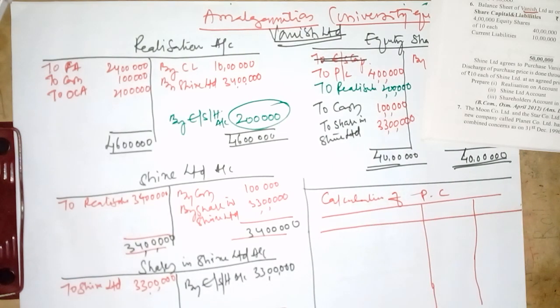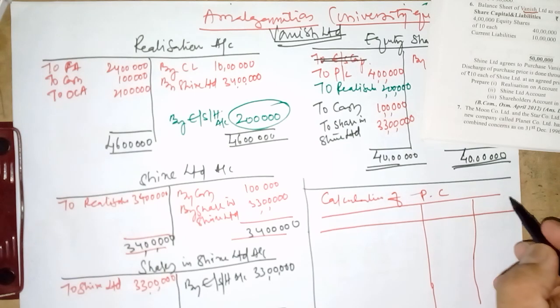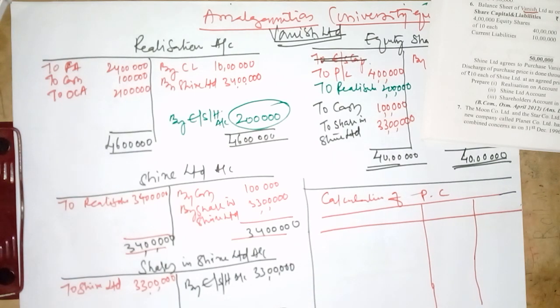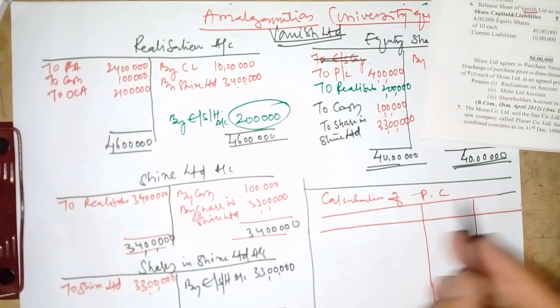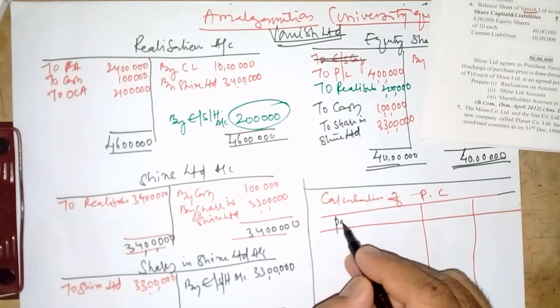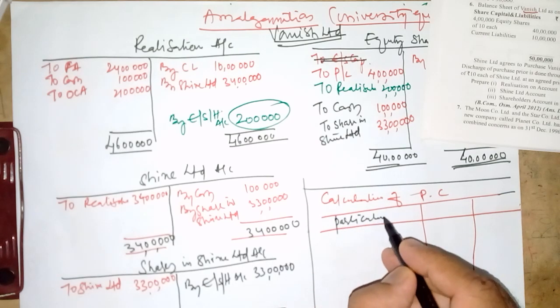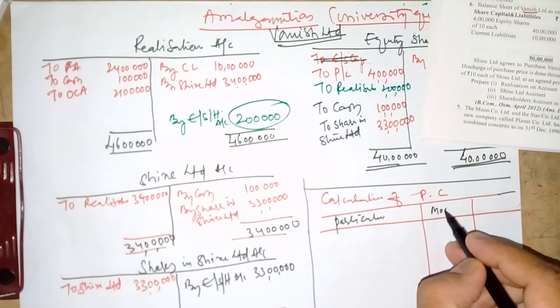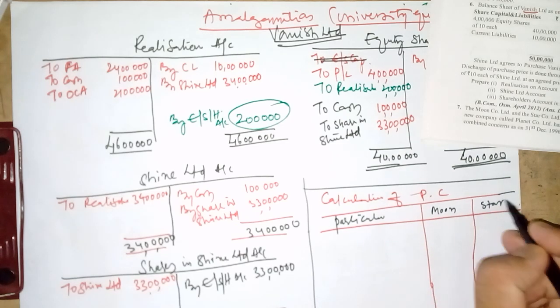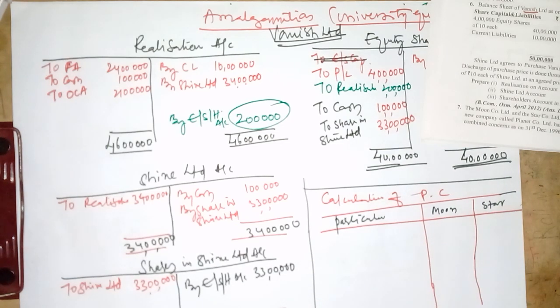How is it the net assets method? No information pertaining to the shares or the amount payable to each company is given, and we are asked to calculate. So calculation of PC, these are particulars, this is Moon, this is Star. So coming together, they are becoming Planet Limited collectively, right?